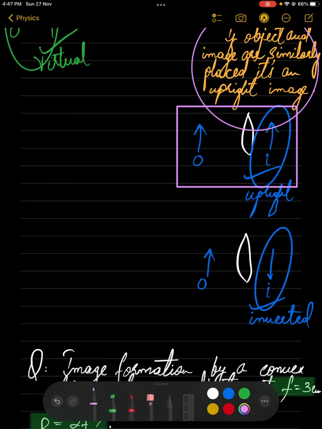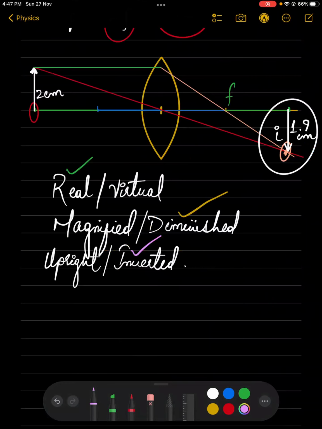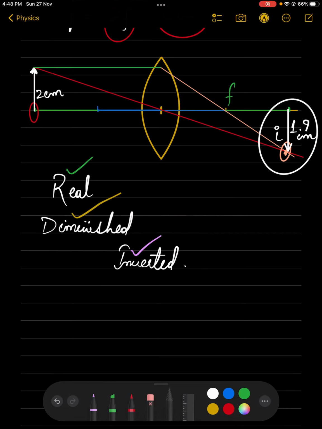The object was facing upward, image was also facing upward, तो हम कहेंगे इसको एक upright image. लेकिन अगर मेरा object और image oppositely placed हैं तो हमने अपनी image को नाम देना है inverted. तो इस तरीके से हमारी जो image बन रही है that is inverted, diminished and real. So you could just remove out all the other unnecessary properties और आप इसको कह सकते हैं एक real, diminished and inverted image.